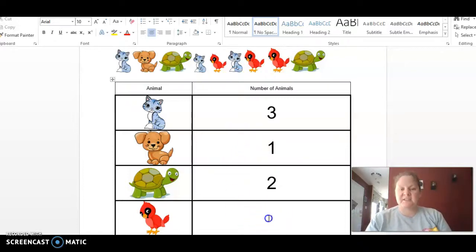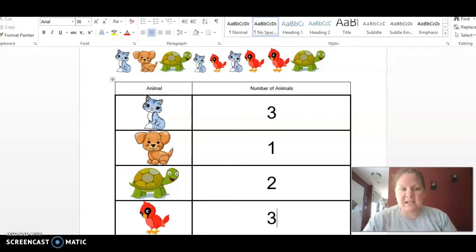Down here next to the bird, right? So in the bird row, I need to put a what? Oh, a 3. Okay, so now we've created a table and we can see really fast how many of each animal we have as pets.